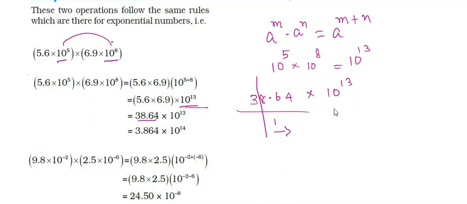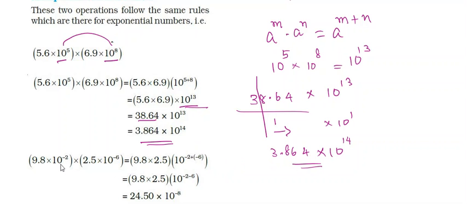So you add one more 10 power 1. Therefore 3.864 into 10 power 13 plus 1, that is 14. So this is the way you have to multiply.